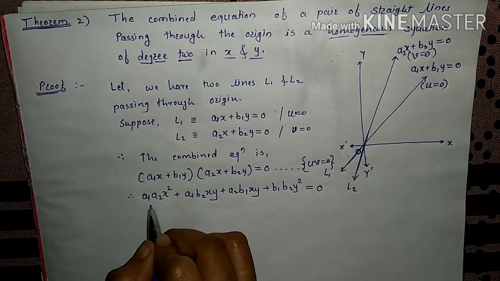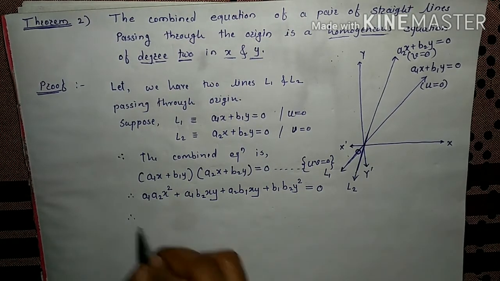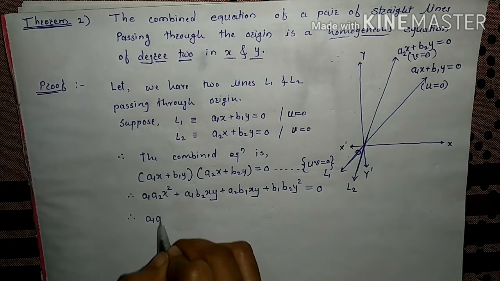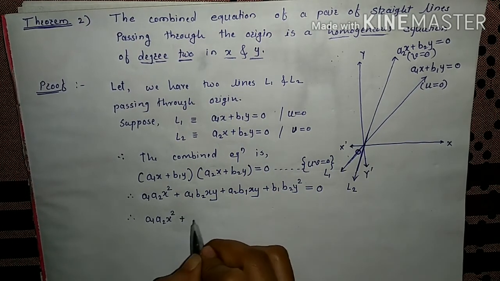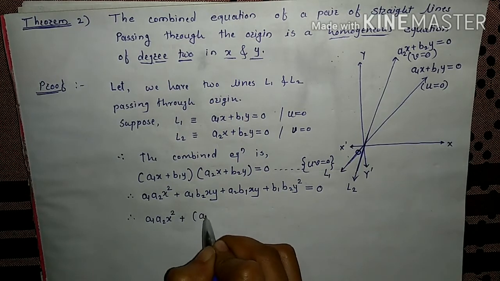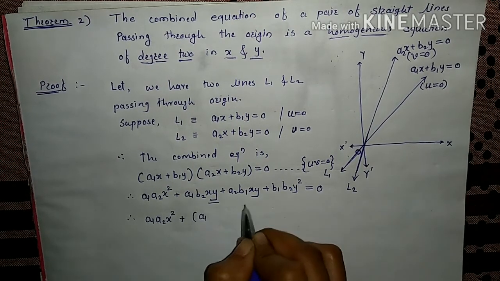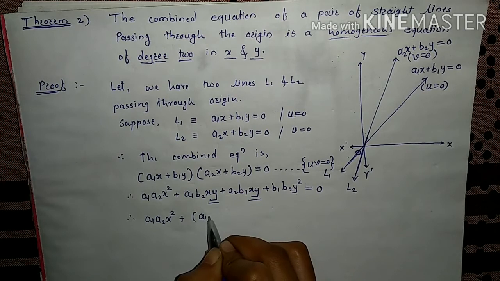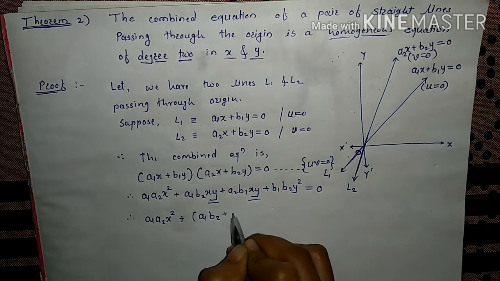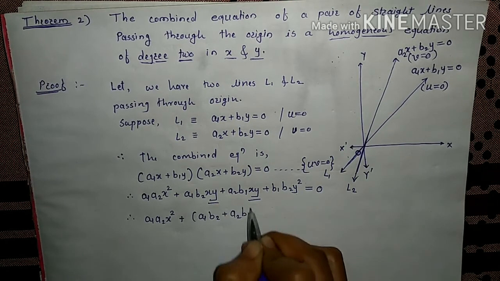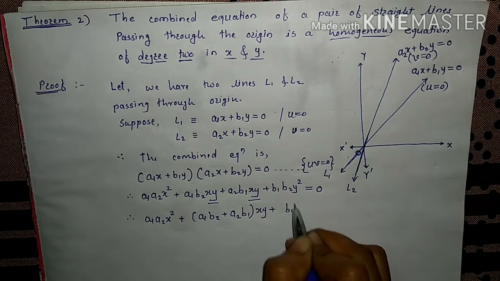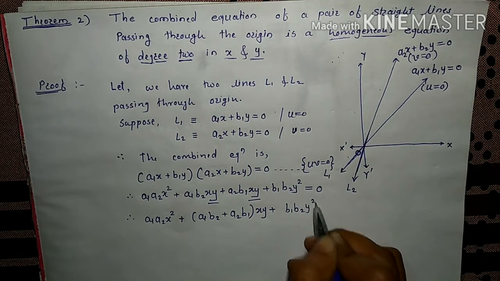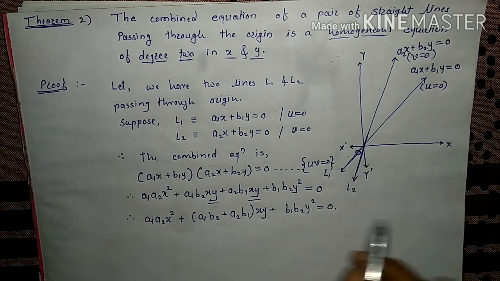Now again we have to simplify this. Write a1 a2 x square plus, take common xy and we'll get a1 b2 plus a2 b1 into xy plus b1 b2 y square is equal to 0.